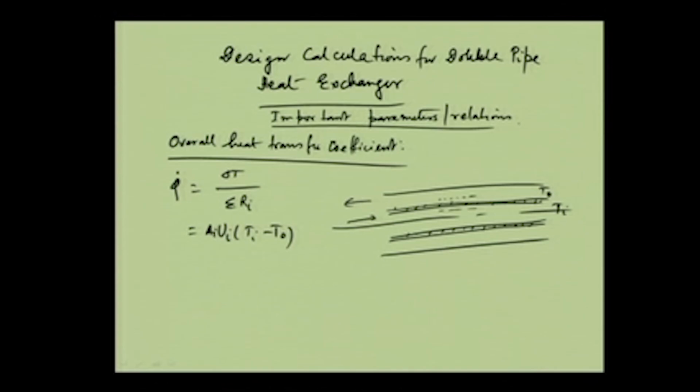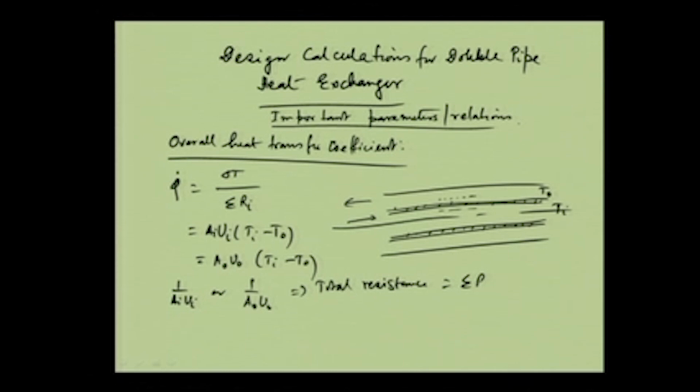So, that temperature difference is the driving force, and that can also be written as A o U o into T i minus T o. So, this is basically a delta T, and here 1 by A i U i or 1 by A o U o are the total resistance.